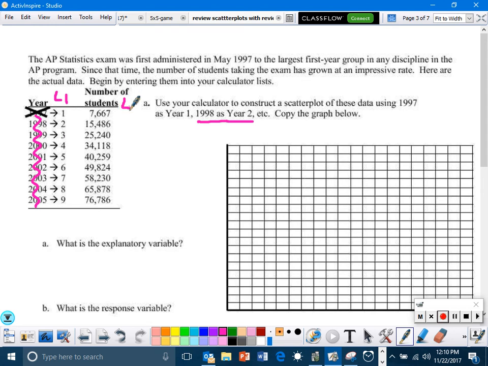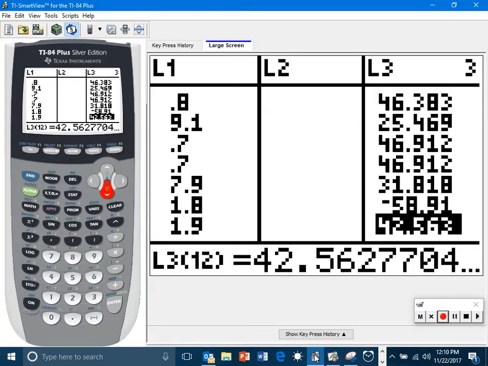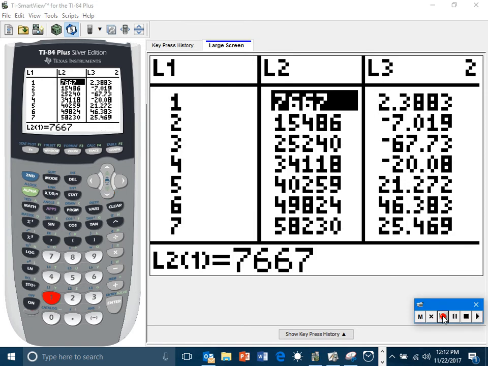And then the number of students in list 2. Okay? So I'm going to go ahead and pause this and put them into the calculator. Okay, I preloaded these into the calculator, so I have them typed in already.